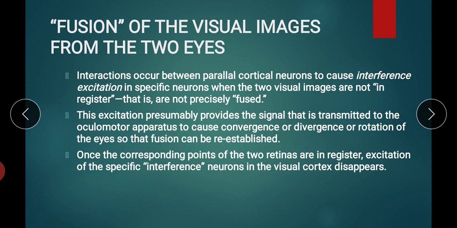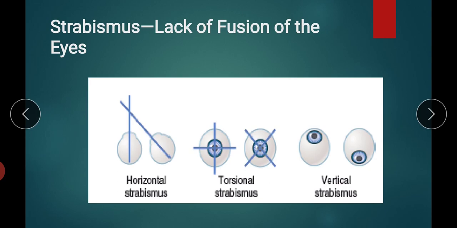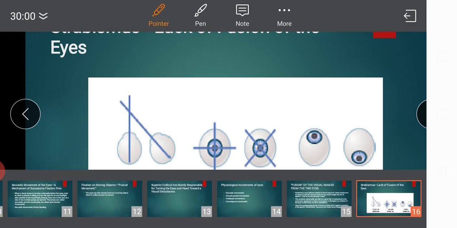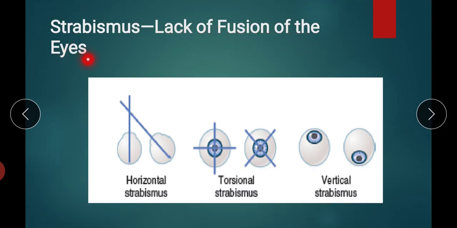So this is the mechanism of fusion of visual images from the two eyes. When this fusion mechanism is not proper, or there is any damage to the pathways or visual cortex, it leads to strabismus or squint, which is a lack of fusion of the eyes.